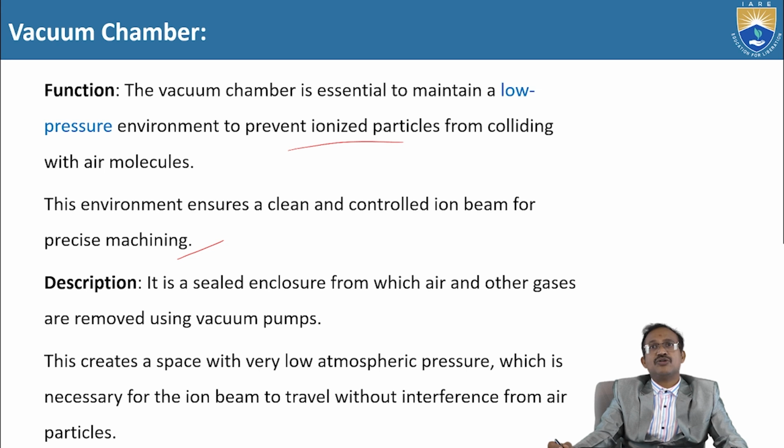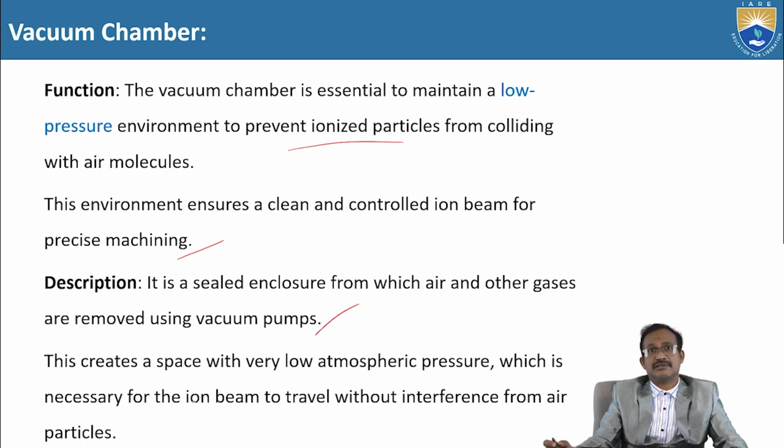It is a sealed enclosure from which air and other gases are removed using vacuum pumps. So in the entire chamber, there should not be any gas molecules or any air. By using vacuum pumps, we are evacuating all these things. So this creates a space with very low atmospheric pressure, which is necessary for the ion beam to travel without interference from air particles.